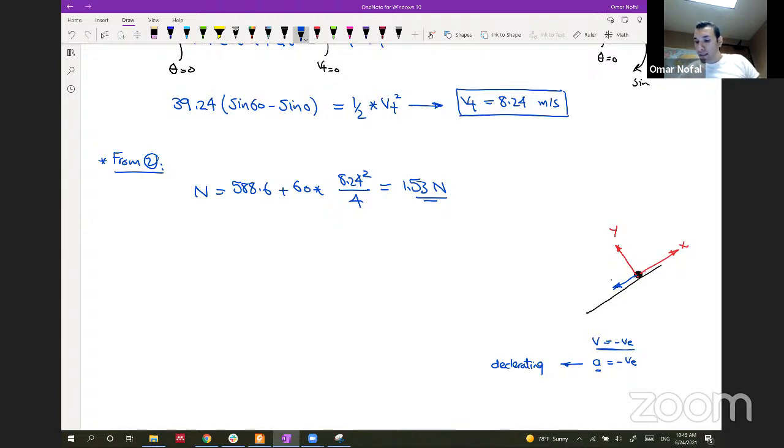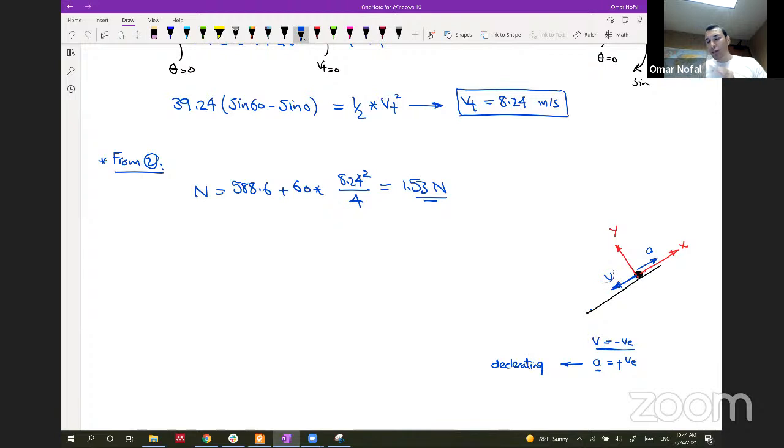If the velocity is in this direction and the acceleration in this direction, that means that the velocity is increasing, but it's increasing in the negative direction. If the acceleration is positive, let's assume that this is v, and a is positive here, however, a is positive, but the body is decelerating because it is going in the opposite direction.